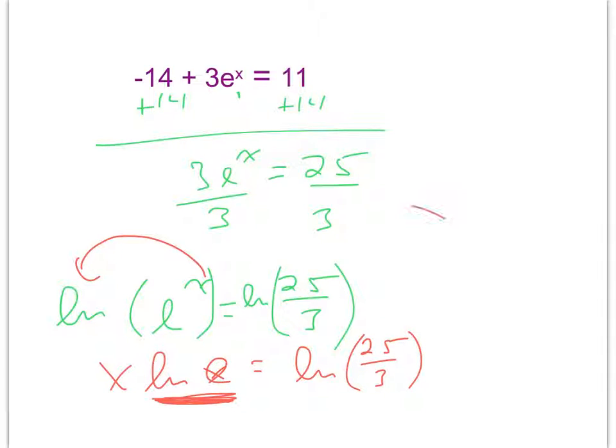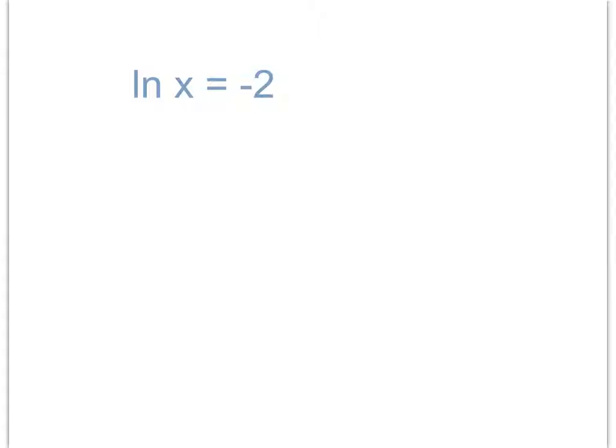So x is equal to ln 25 thirds. Let me whip out my calculator here. ln of 25 divided by 3 on my calculator, and I get 2.120. That equals x.